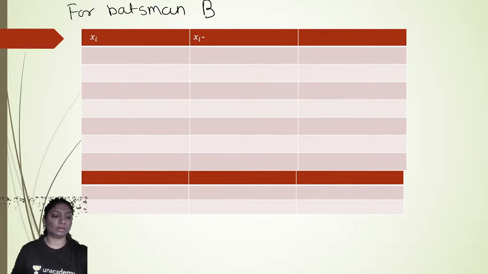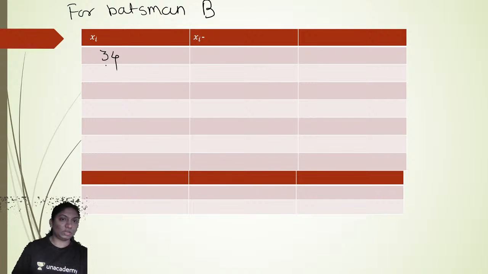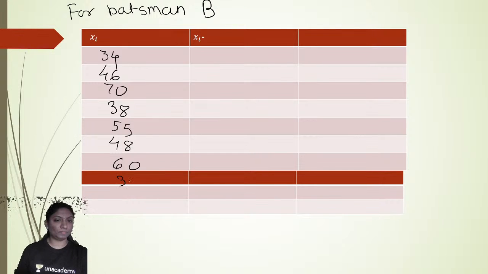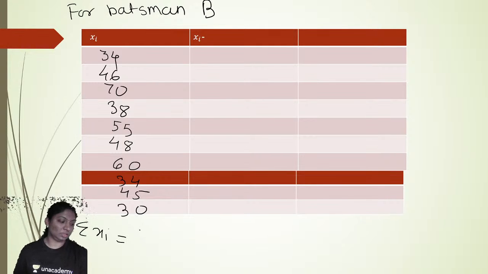Okay. हम लोग निकालेंगे batsman B के लिए 34, 46, 70, 38, 55, 48, 60, 34, 45, 30. Okay. We require sum of xi here equal to 460.